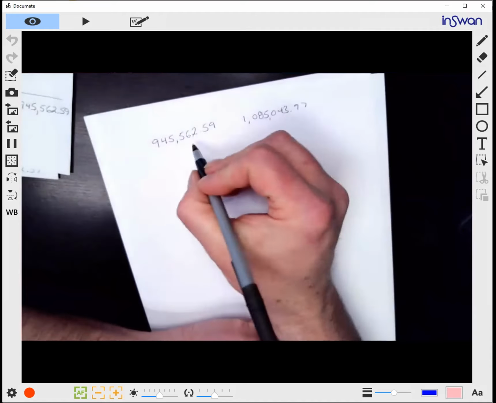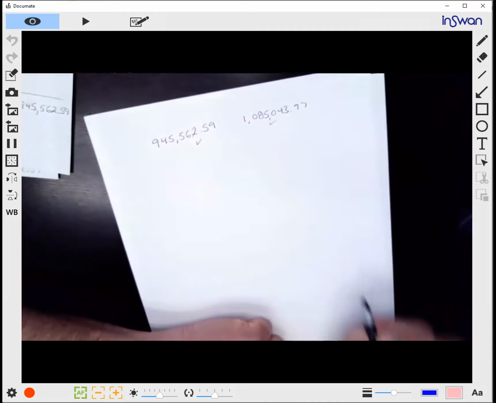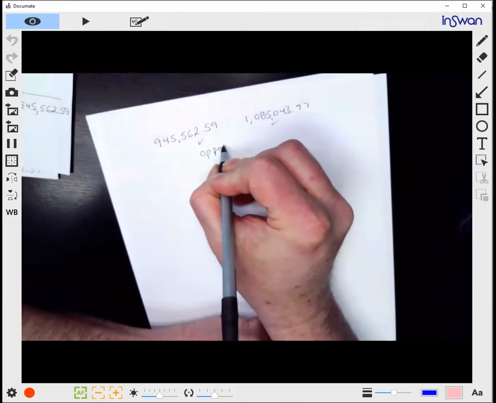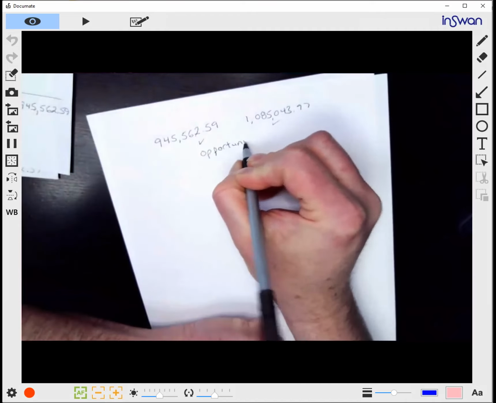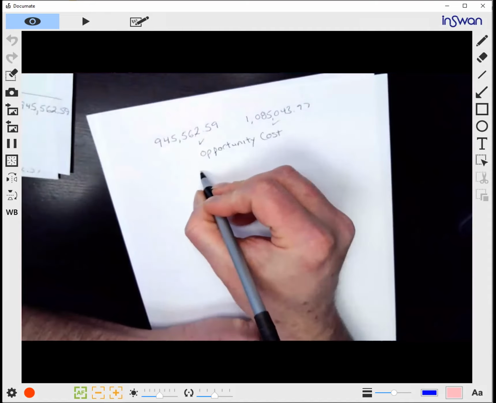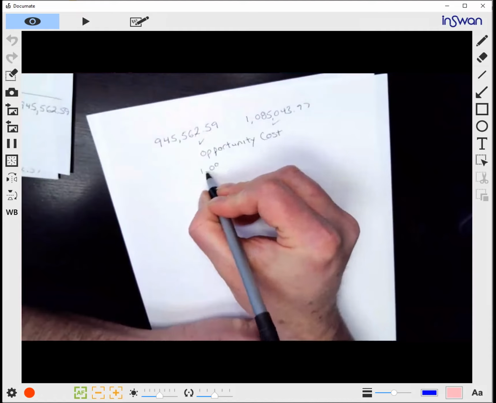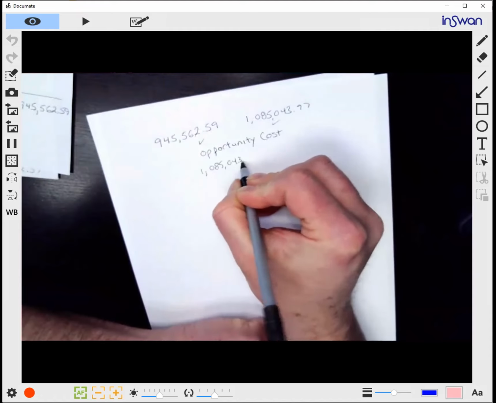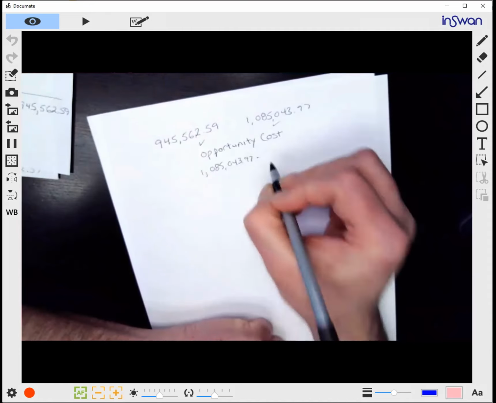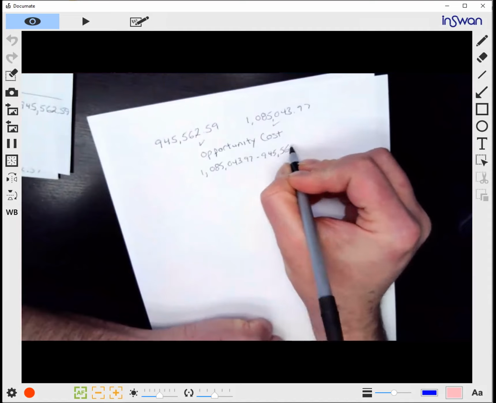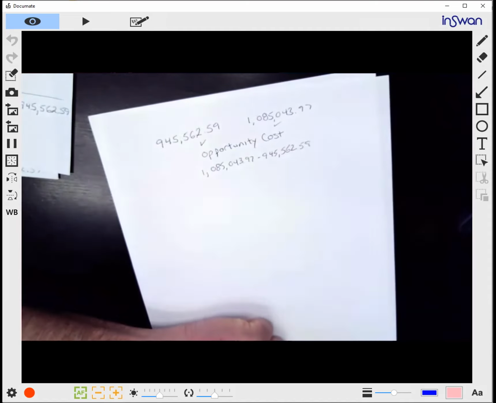If we choose this one over this one, the opportunity cost, or what we could have had, the difference between the best option and the one that you choose, is going to be 1,085,043.97 minus the best option minus the one that you chose, 945,562.59.